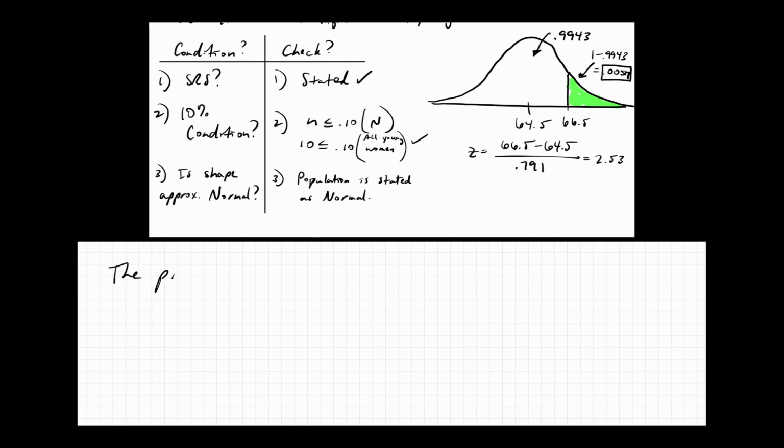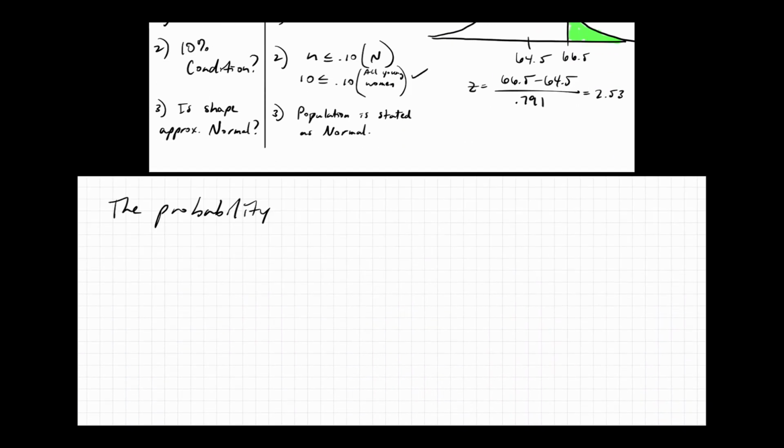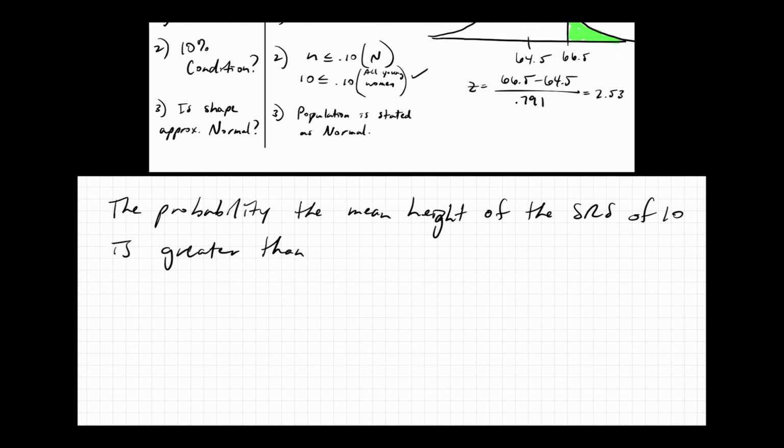Let's see. The probability the mean height of the SRS of 10 is greater than 66.5 is virtually zero.